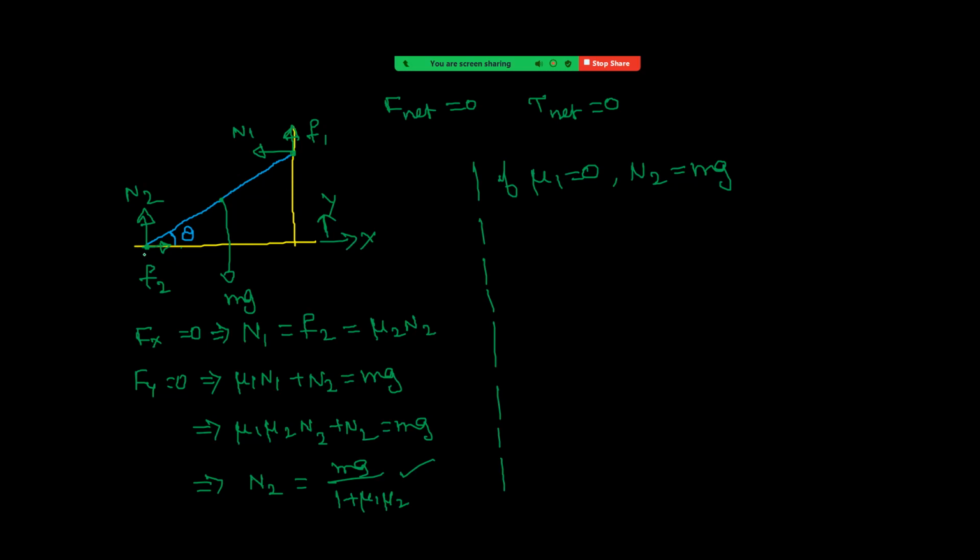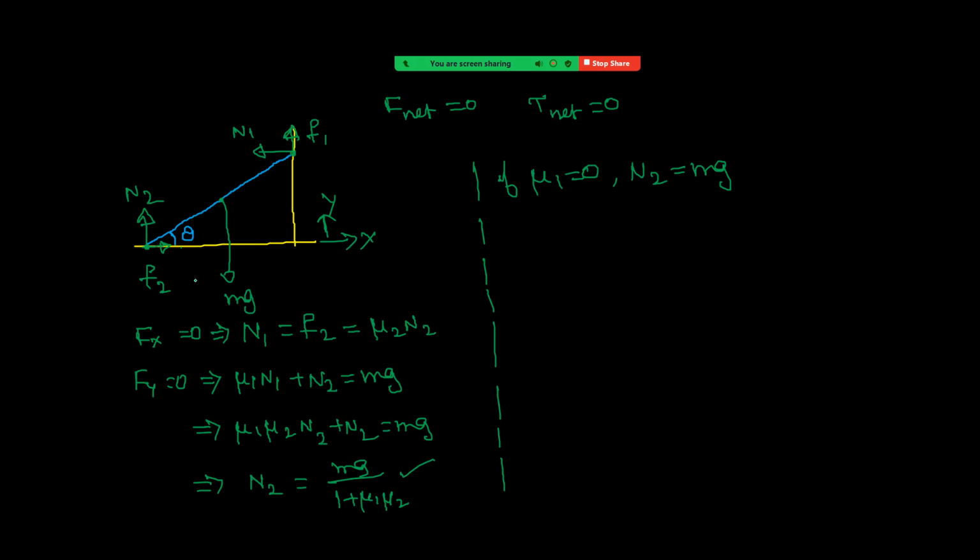If it is smooth, there is no force acting horizontally to balance that force. So mu2 cannot be 0. That is not possible. That's why no need to verify option B. That's why we are verifying option A or D, where mu1 equals 0. So N2 equals mg.